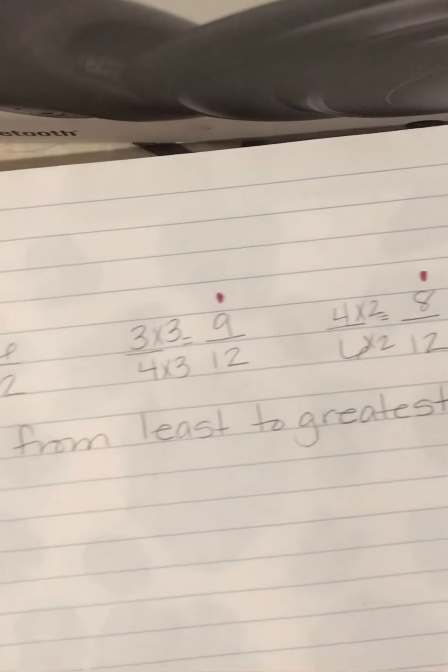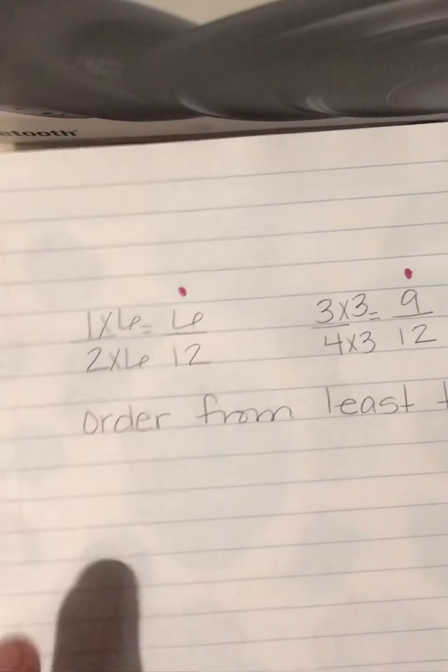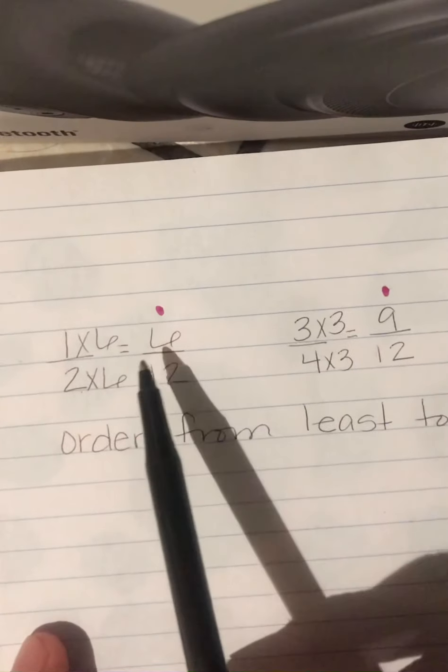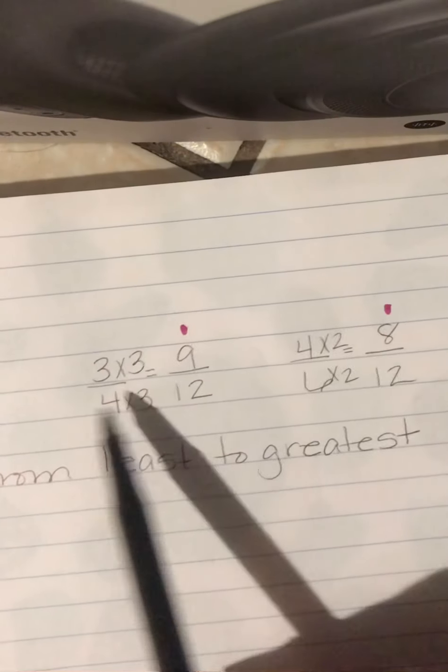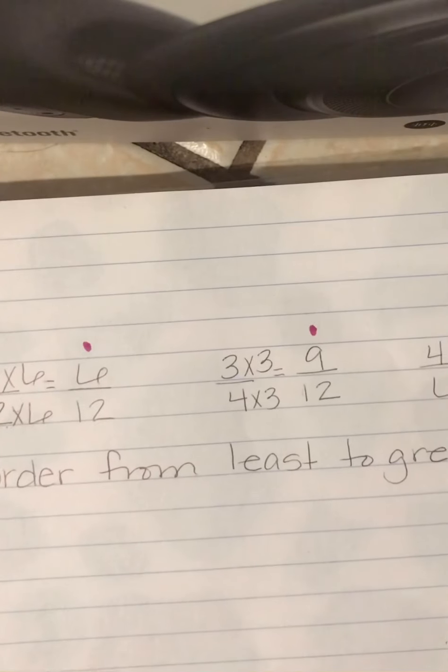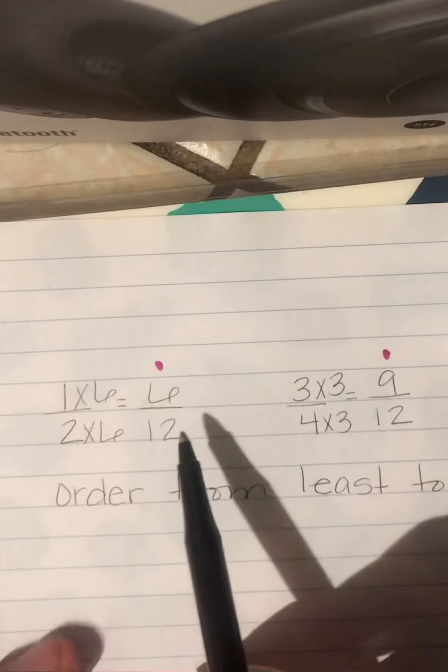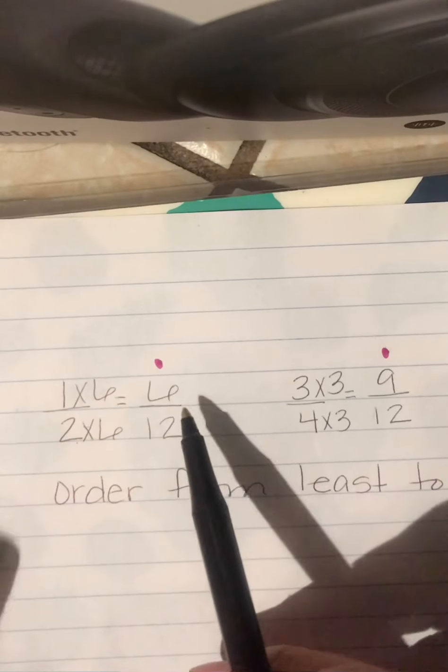If I order from least to greatest, now I can easily look at the new equivalent fractions and see which is the fraction with least value. It is 6 over 12, correct?